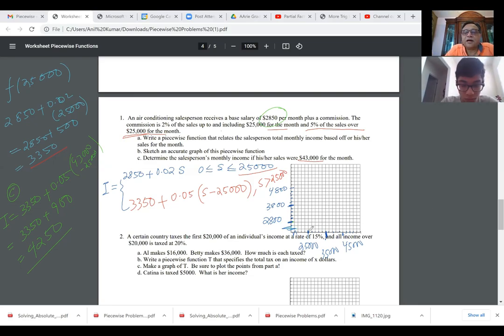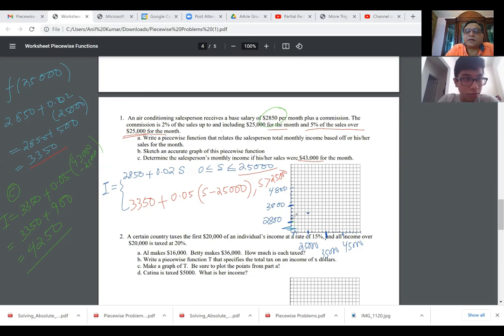And then at 25,000, we have a value for 3350, which is at 25,000. So 25,000, 3350, we are going up by 200. So 3,000, 3,200, around that much.